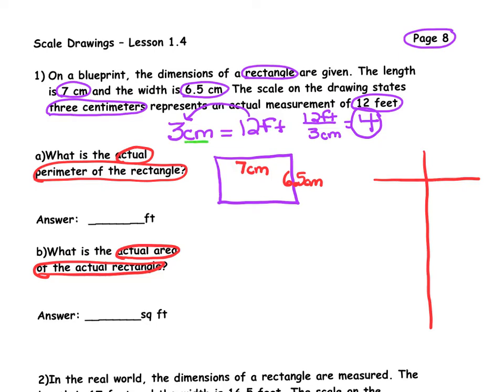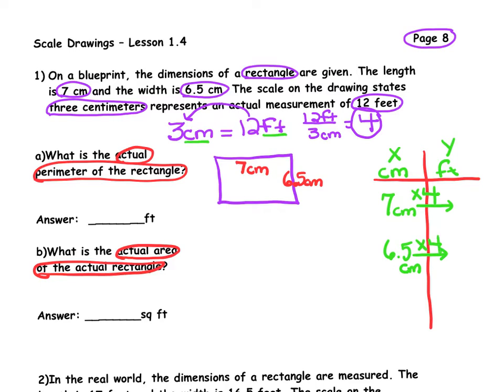We know centimeters goes in our first column, that's our X value, and feet, that's our Y value. We're going to put 7 centimeters here, our length, and 6.5 centimeters here. Multiplying by 4, we're going to convert each of these to actual dimensions in feet.